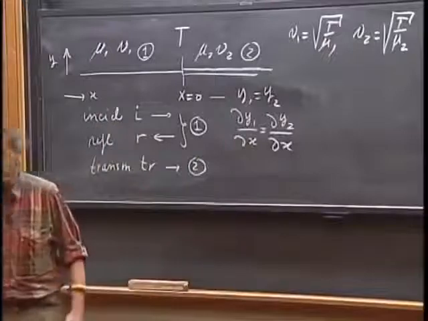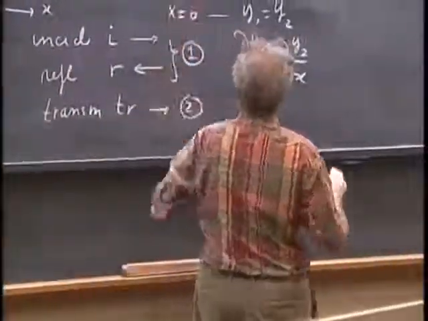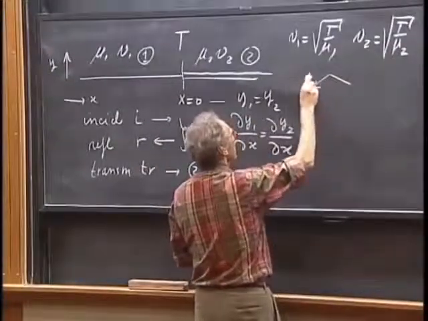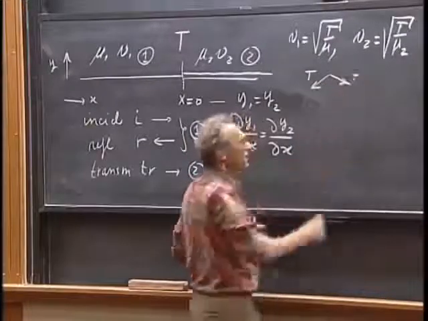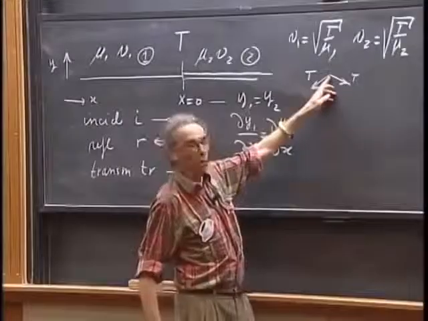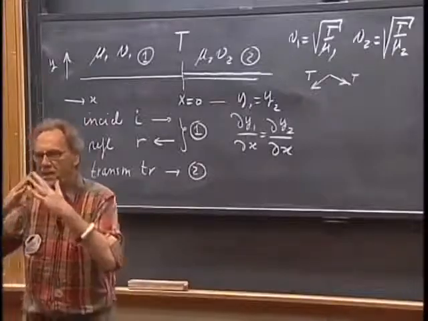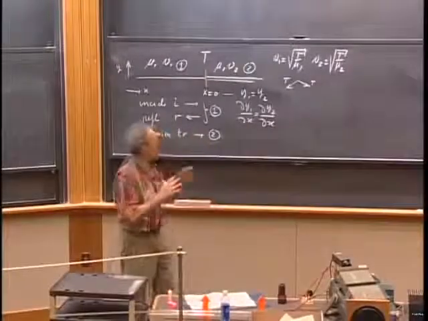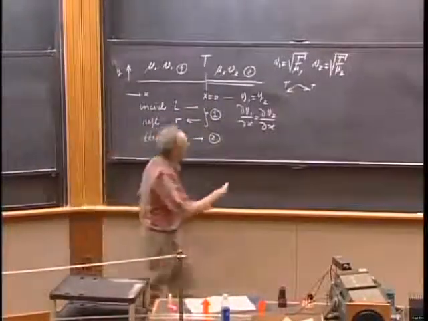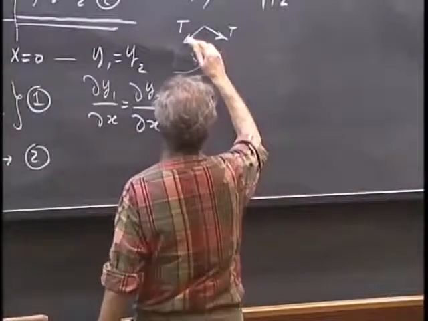If that were not the case, there would be a kink in the rope at the junction, and a kink would mean that there is a tension here and a tension here, which would give a net force down, but the junction itself has 0 mass. That would give an infinite acceleration. So you can never have a kink in a string, not even when it is connected like this with another string. It must always be smooth here. Or it could be like that, or like that, but it cannot be like this.